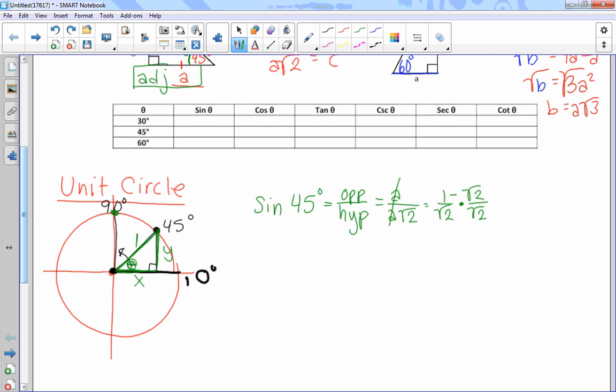Just the numerator, 1 times root 2 is square root 2. And then what's square root 2 times square root 2? Square root 4, which is just 2, because we have a pair of 2, so it pulls out. So, if I asked you what the sine of 45 degrees is, you would say root 2 over 2.